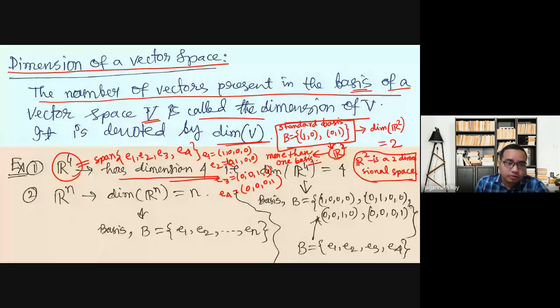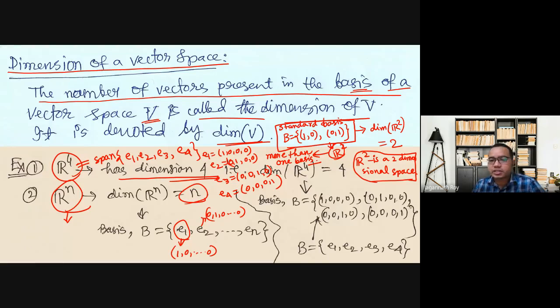Now, when we consider n, so that the size of the vector becomes n-tuple, the dimension is also n. The basis has n vectors, 1, 0, 0 up to 0, 0, 1. In this way, we will understand.